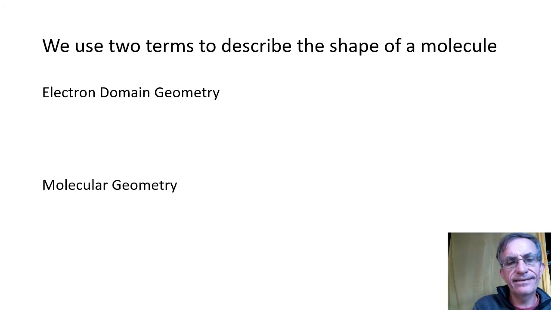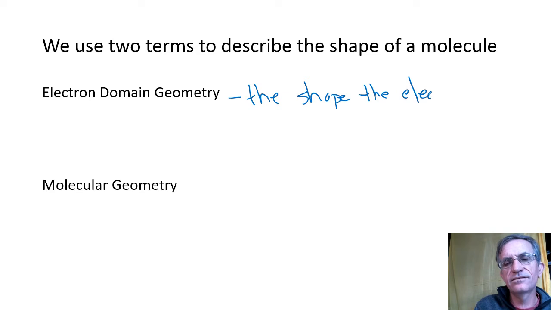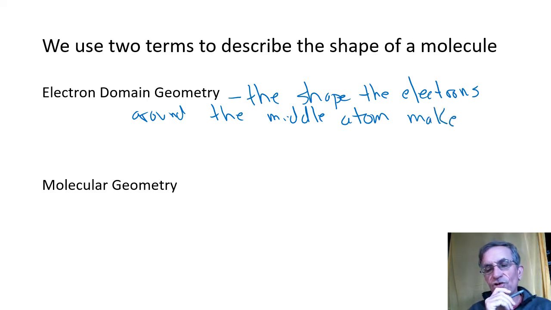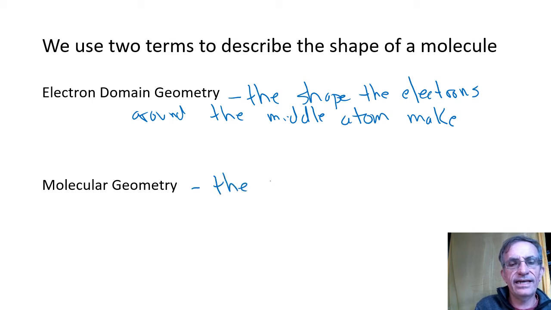That's really the shape the electrons around the middle atom make. And then there's another term called the molecular geometry, and that's the shape the atoms make.